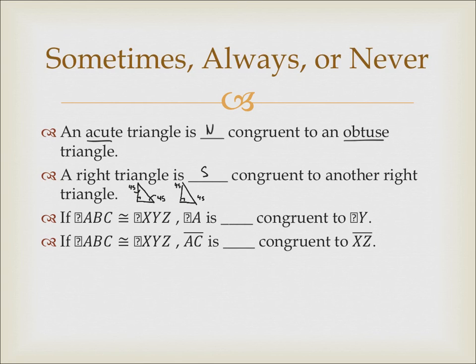The thing to keep in mind is this is not the only variation of a right triangle that exists. You can have a right triangle and this be 30, and then this be 60. This 30, 60, 90 triangle is not congruent to my 45, 45, 90 triangle. So right triangles are only sometimes congruent to each other.